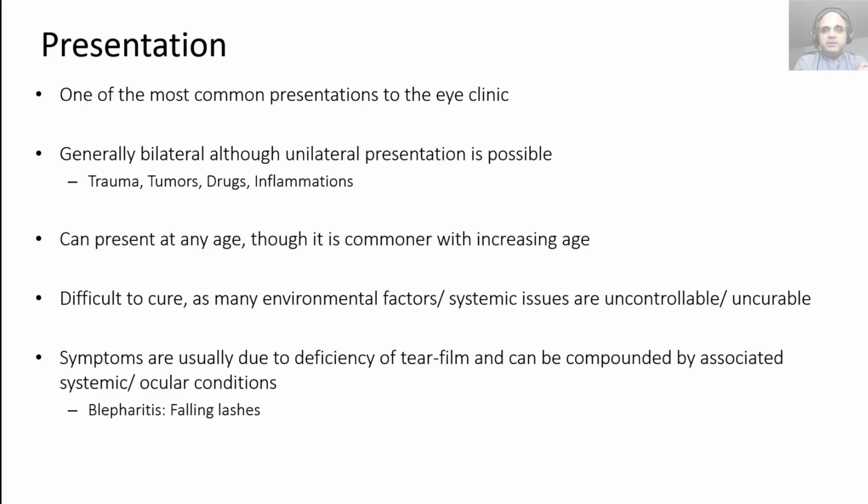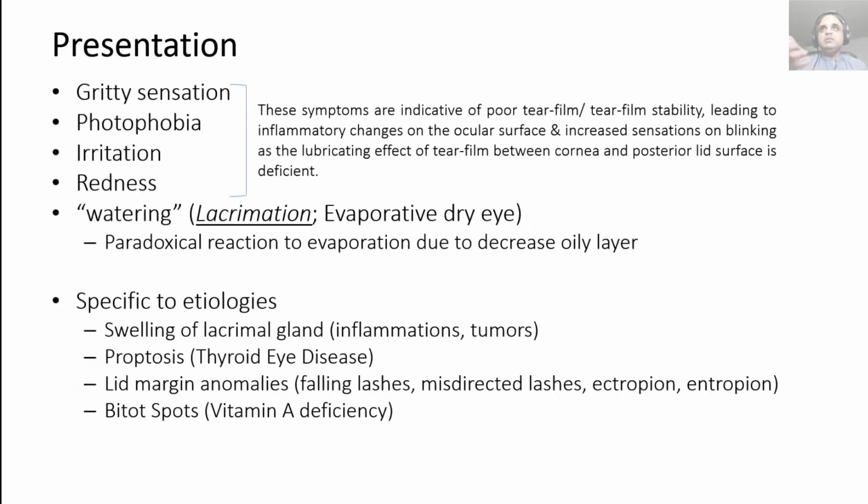For example, blepharitis, you have falling lashes. You also have that irritation and gritty sensation. The symptoms of dry eyes are usually present with symptoms of other ocular conditions or systemic conditions that affect the eyes. Like thyroid eye disease, you would have lag ophthalmos, unable to close your eyes properly. So a very diverse set of symptoms of which you have to tease out these which tell you, yeah, the patient has a dry eye.